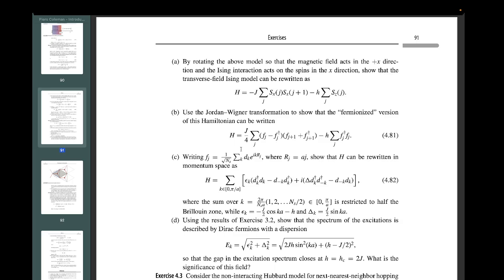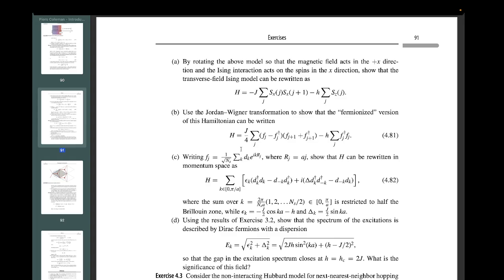Okay, so basically it started with these terms being Sz and this term being Sx, and they have done some kind of a rotation which you can perform. You rotate basically all of your spin vectors so that you can get a desired direction. So that's how you end up with this kind of a Hamiltonian.